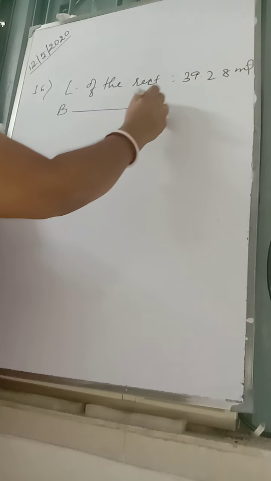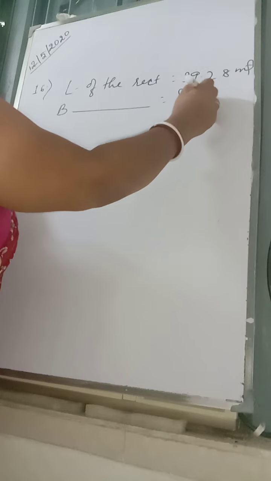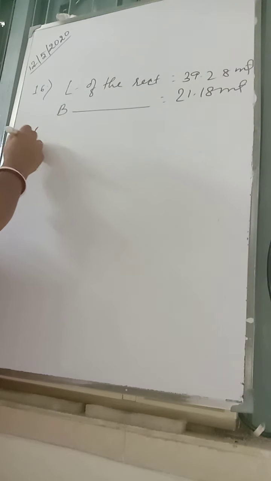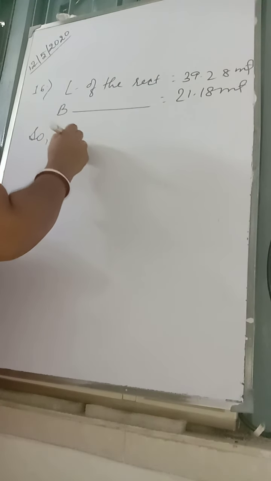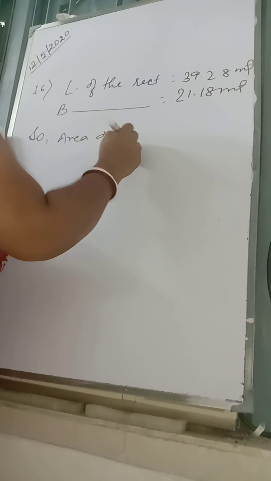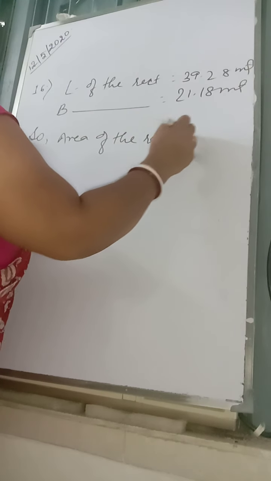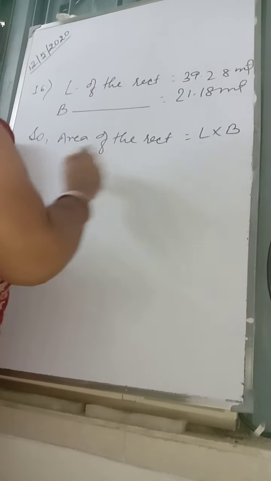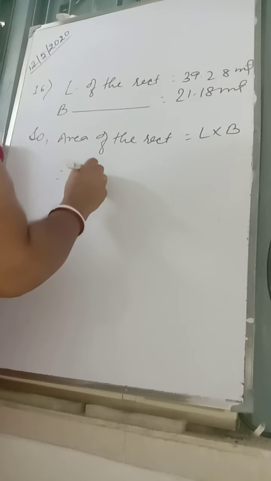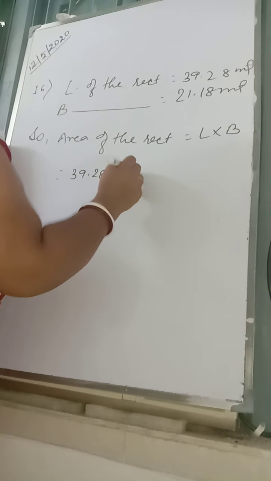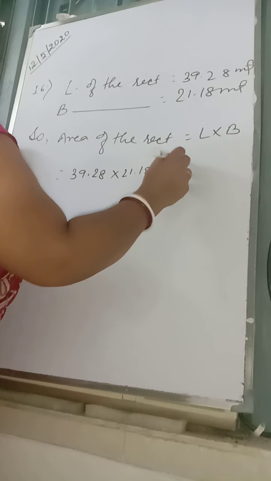Breadth of the rectangle 21.18 meters. So the area of the rectangle would be L into B. So this gives you 39.28 into 21.18 meters square.